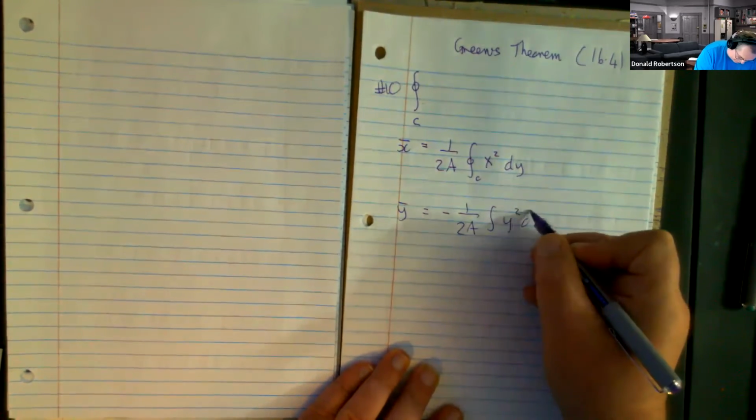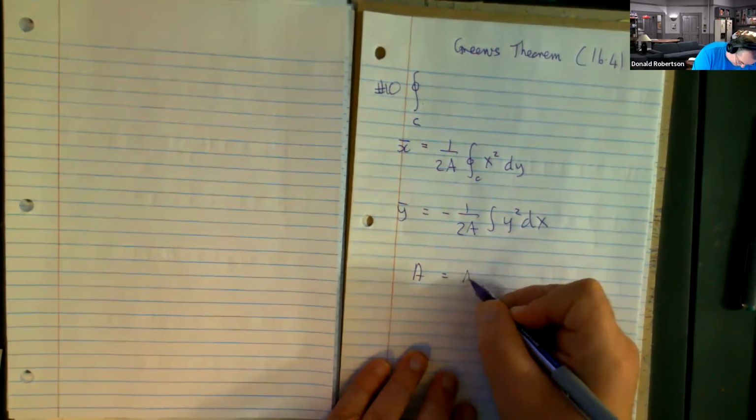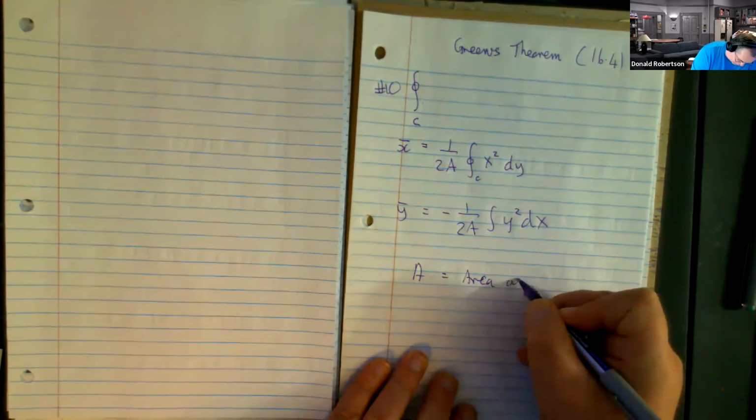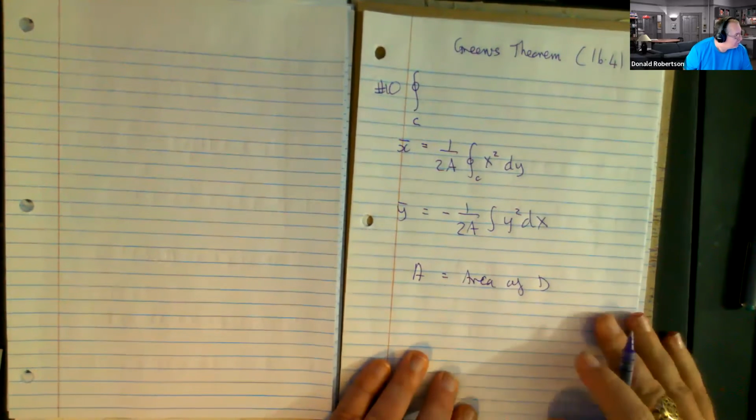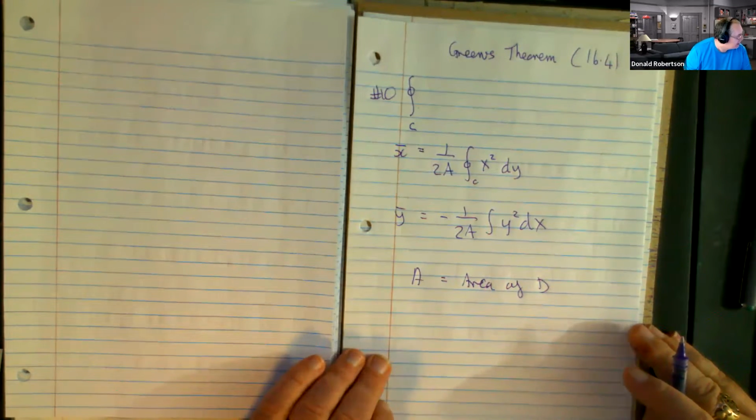So somebody went and used Green's theorem to create these two formulas, or maybe whatever theorem they used, and A is the area of D. So what we're going to have to look at here is what on earth is D?